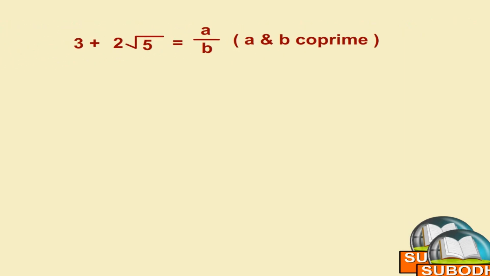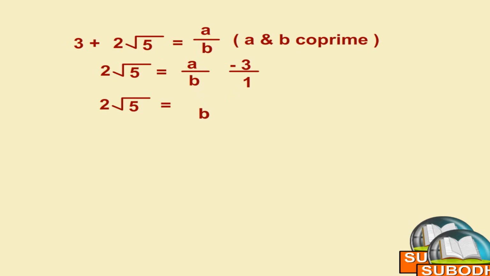Let 3 plus 2 root 5 be a by b, where a and b are co-prime numbers. Transferring the 3, we get minus 3. 2 root 5 is equal to a by b minus 3. Taking the common denominator b, cross product: a minus 3b by b. Root 5 is equal to a minus 3b by 2b.